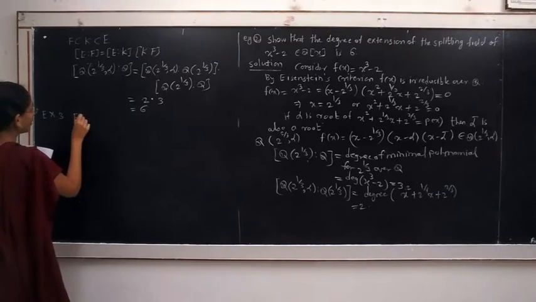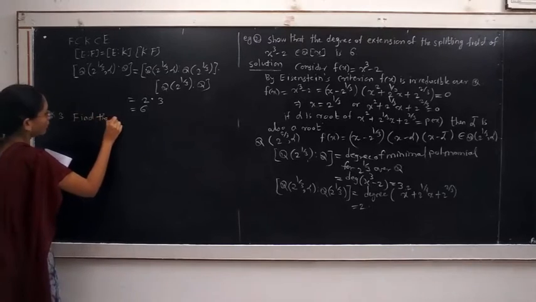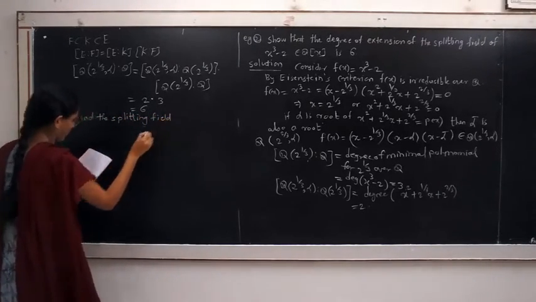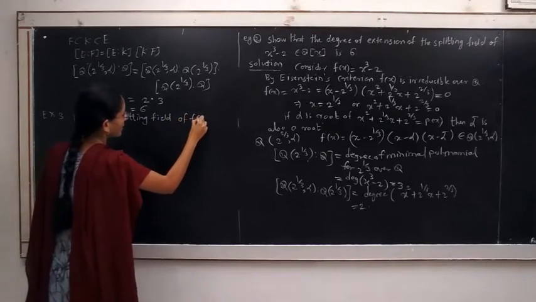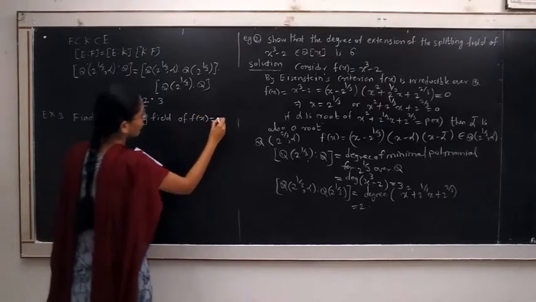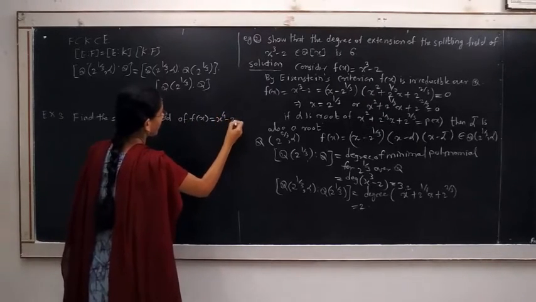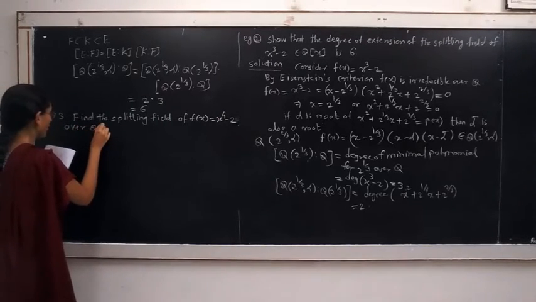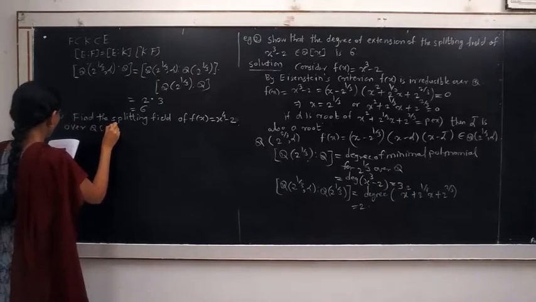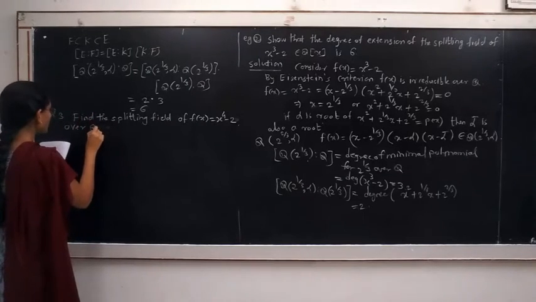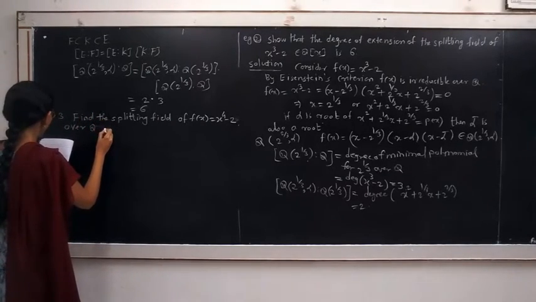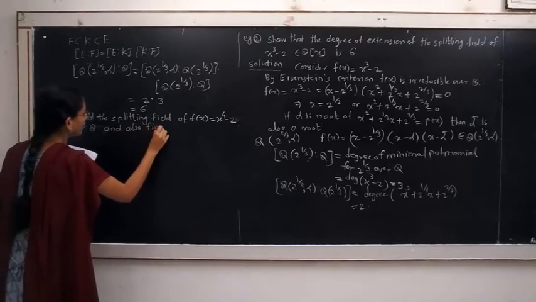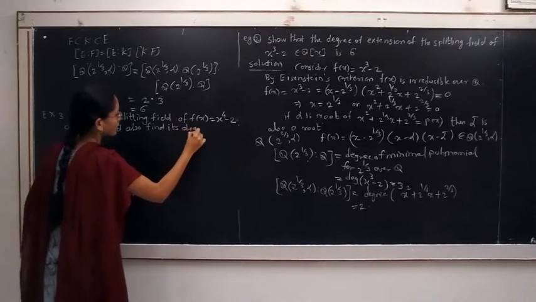Find the splitting field of f(x) is equal to x raised to 4 minus 2 over Q and also find its degree of extension.